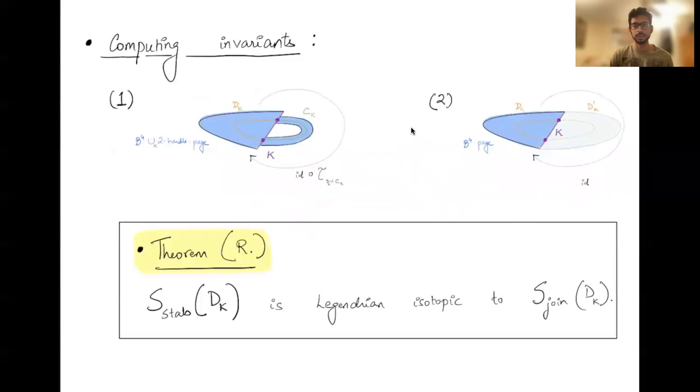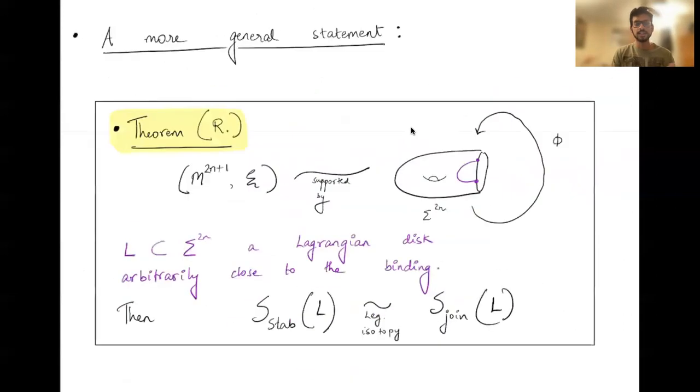So what allows us to compute invariants, the first step to that, is the fact that these two Legendrian spheres are actually isotopic. And it actually follows from a more general statement. So if you have an odd dimensional contact manifold, which is supported by an open book, the pages are exact symplectic manifolds, sigma, and the monodromy is phi, and L is some Lagrangian disk in the page that is arbitrarily close to the boundary of the page or the binding of the open book.